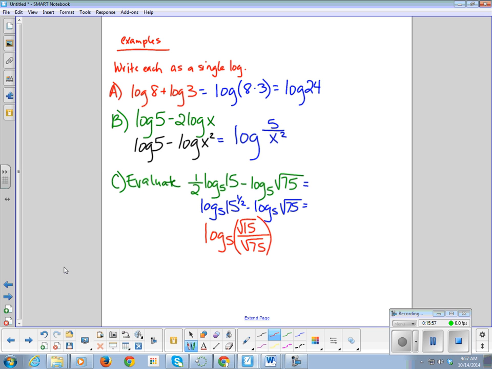Why is it divided? Because of the minus sign. When you have two logs with a minus, you can rewrite it as one log with dividing on the inside.